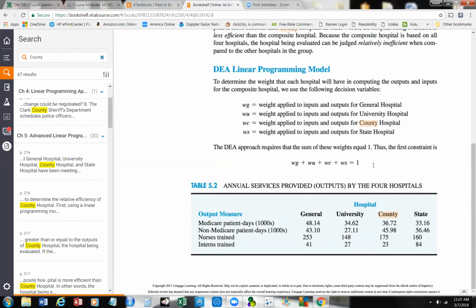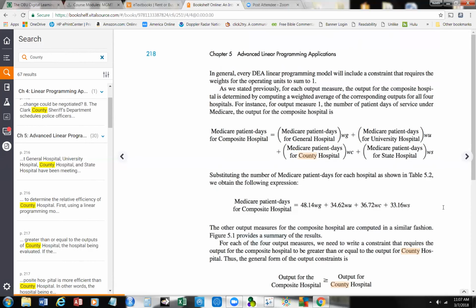In other words, how likely do I think it is that they're going to perform at that level? And so I have a weighted expected return. Well, we've got weights here, and we apply that to each of those, and we have those sub notes ready to go. Then we're going to see the output measures, and they are the patient days. That composite is the sum of them.